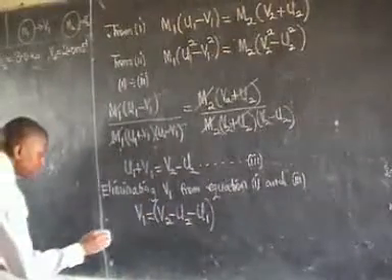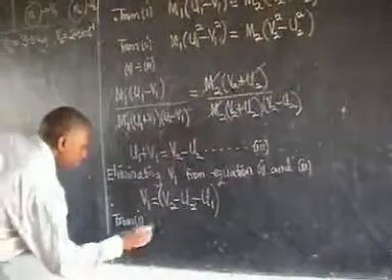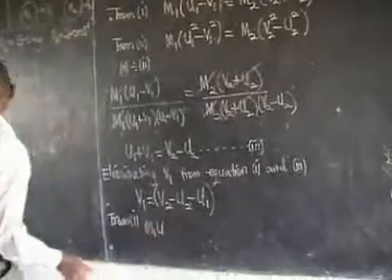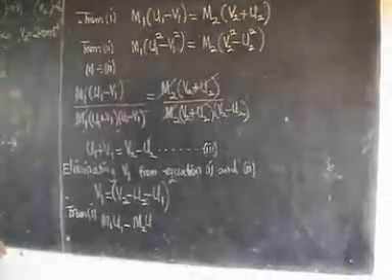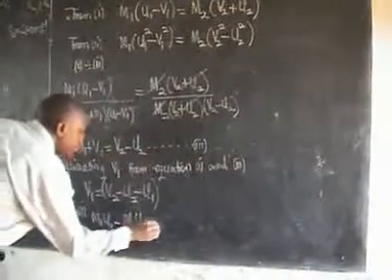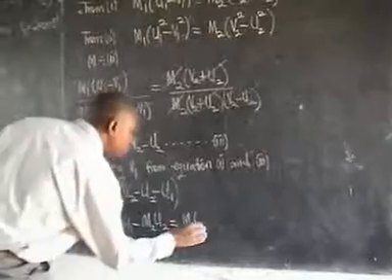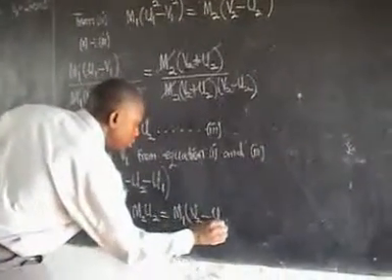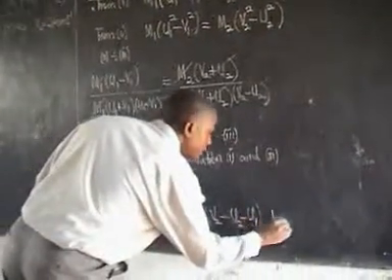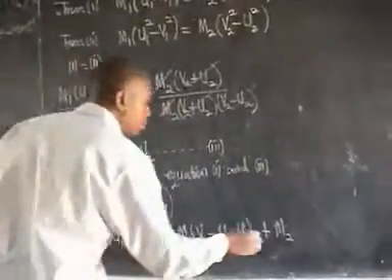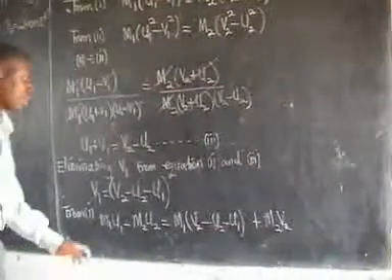Now from equation 1, we shall have m1 u1 minus m2 u2 is equal to m1, where there is v1 I'll put v2 minus u2 minus u1, plus m2 v2. So now I'm going to make V2 the subject.